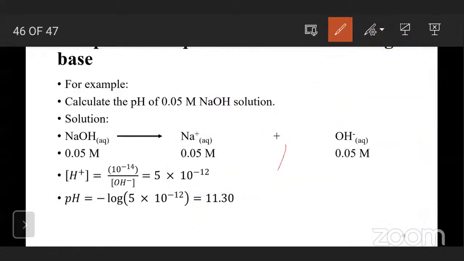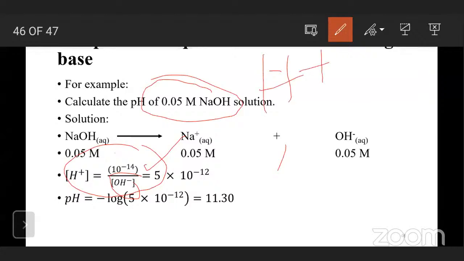The concentration of the hydrogen ion equals 10 raised to power minus 14. You now know where we got this 10 raised to power minus 14 from. Divided by the concentration of the hydroxide ions. How will you determine the concentration of the hydroxide ions? It's not always the concentration of the solution. Remember what we did when we were calculating for an acid, a strong acid precisely.